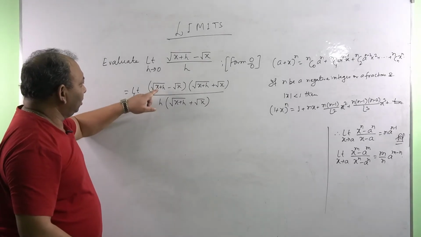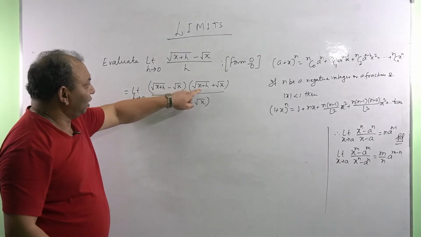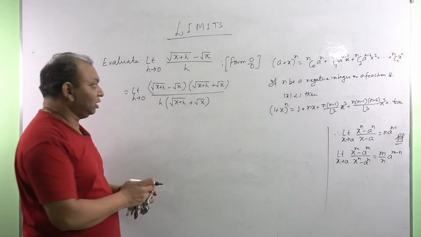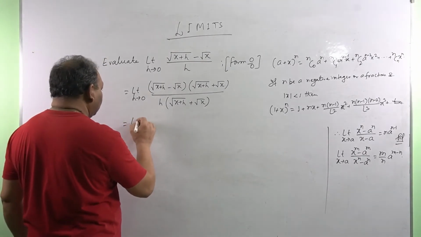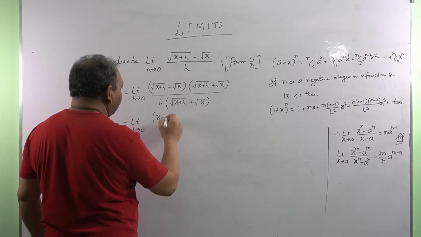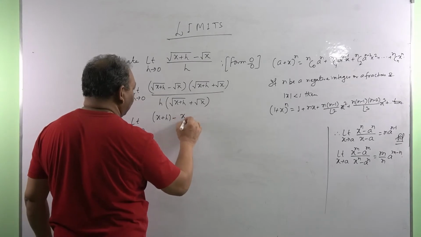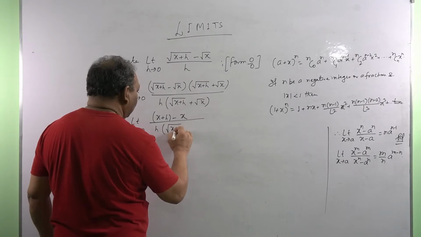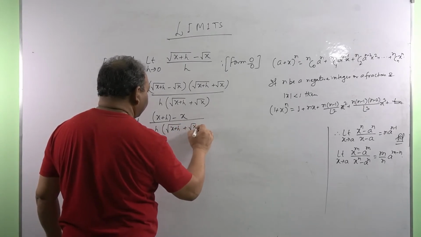In the numerator, a minus b into a plus b form, and we know that a minus b into a plus b is a square minus b square. So limit h tends to 0, this will be x plus h minus x divided by h into root x plus h plus root x.